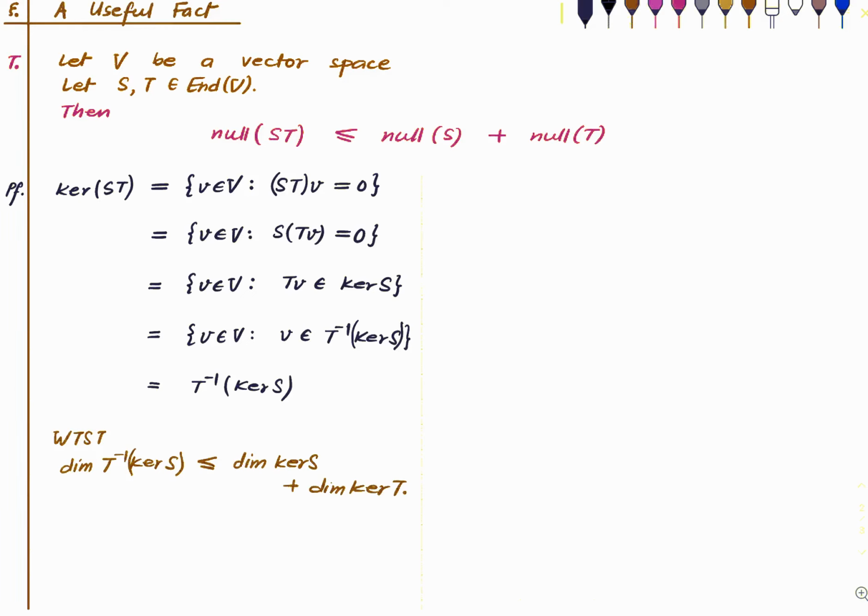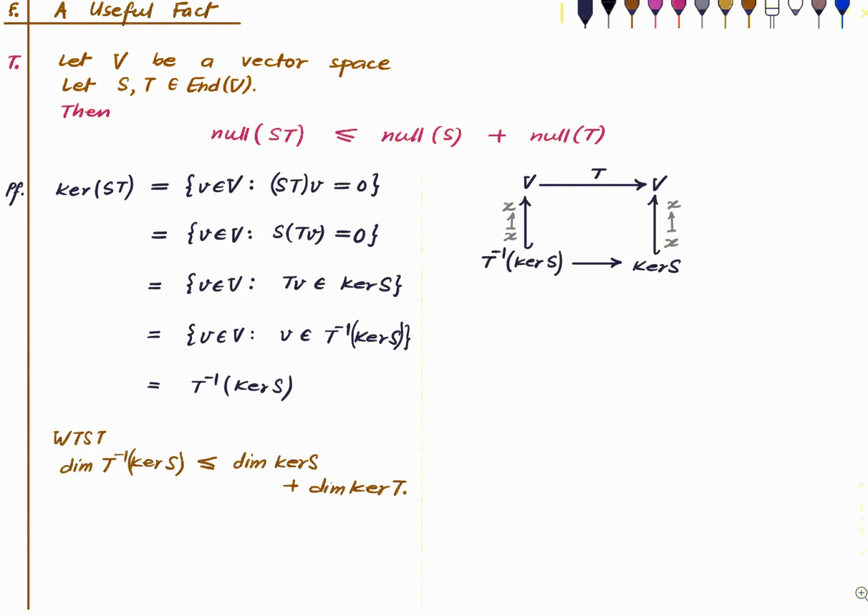We have this linear map T going from V to V, and here we have the kernel of S sitting inside it. This vertical map is the inclusion map, which takes a vector to itself. Here we take its pre-image, T inverse kernel S, and here again we have the inclusion map. And this map is nothing but the restriction of T to this subspace.